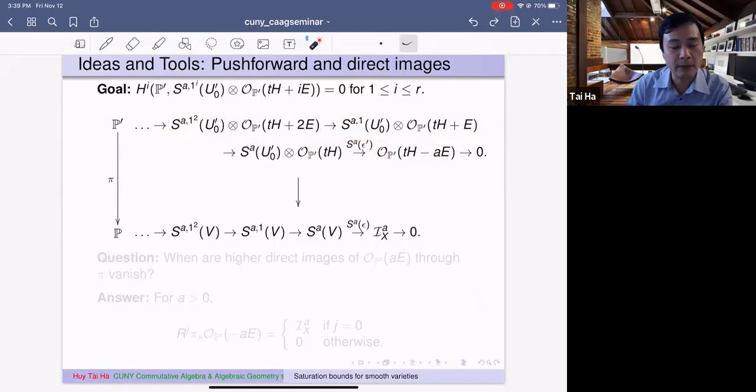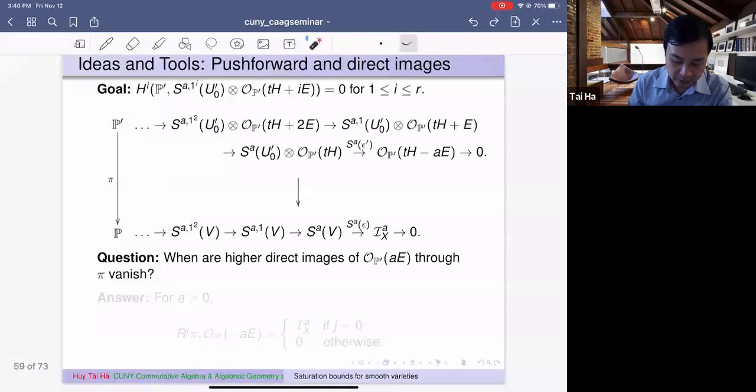So the question is really about when the higher direct images of these vanish. All these quantities, when you push down, give corresponding powers of V, symmetric powers of V. For all these quantities, while the TH is going to push down and get twisted by T downstairs, the only remaining difficult terms are what happens to this O_P' and some copy of E. So we need to figure out what the higher direct images of this are and when they vanish.